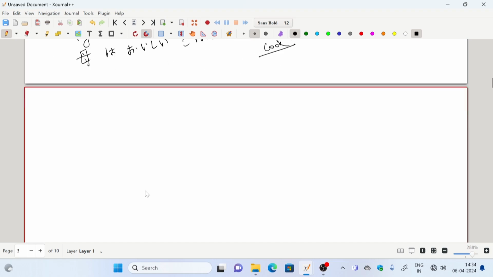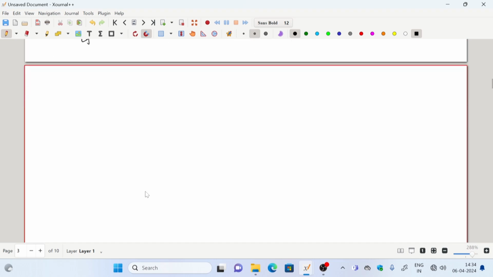Next kanji is ani. Ani is elder brother. So first, second, third, fourth, and this is how it becomes ani. So let's write it.